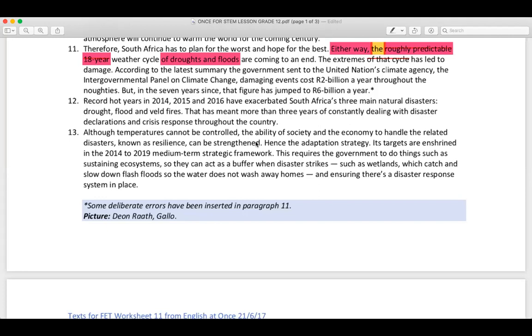Can you see the question now? The question says exactly that. How can one understand this from the context in which it is used here? In this context, the word is used to refer to the ability of society and the economy to handle disasters. There you go.